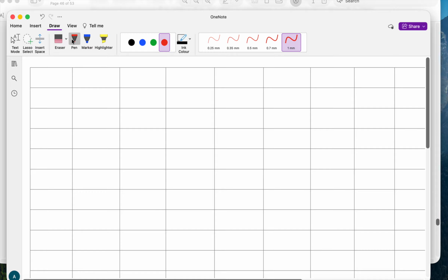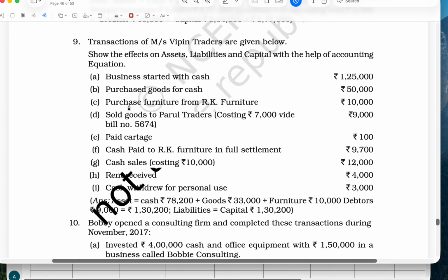So first it is cash 1,25,000. The cash comes in as capital. That is also 1,25,000.